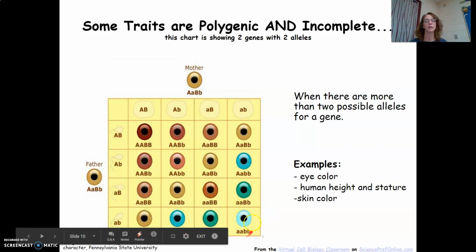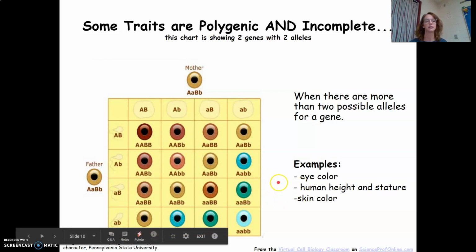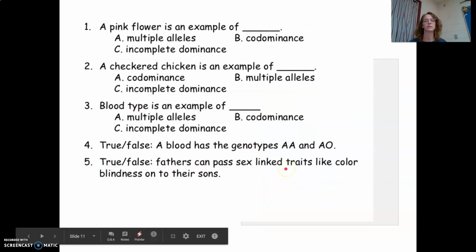So if you know somebody that has really, really light colored eyes, that's the ultimate recessive. My brother's eyes are so dark, they're pretty much black, so he is the ultimate dominant. I'm some other version, I have brown eyes, but they're not quite as dark. So lots of genes coding for it, but not complete dominance. Human height, skin color, and again, I think to a point, hair color is the same way.